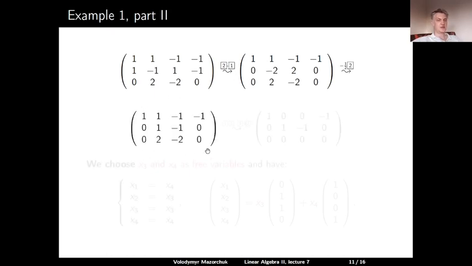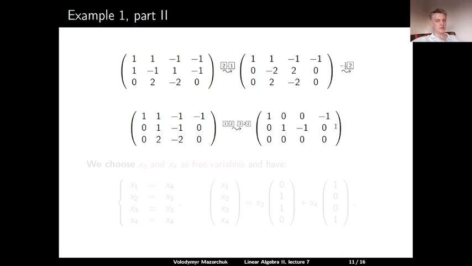The first and the third rows remain the same, and the second row becomes 0, 1, minus 1, and then 0. And now we can use this 1 in position 2, 2 to eliminate all other elements in the second column. So we subtract row 2 from row 1 and subtract twice row 2 from row 3.